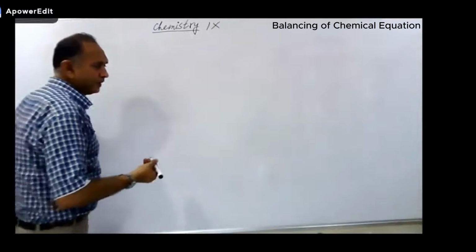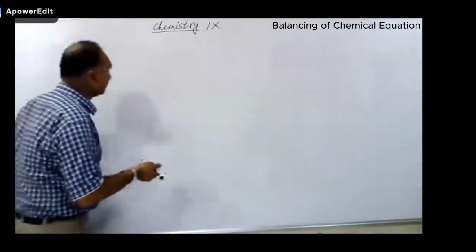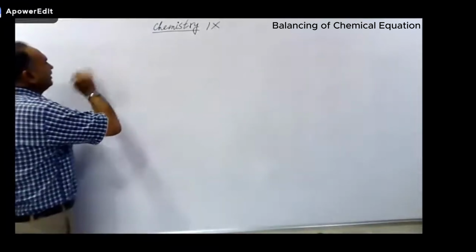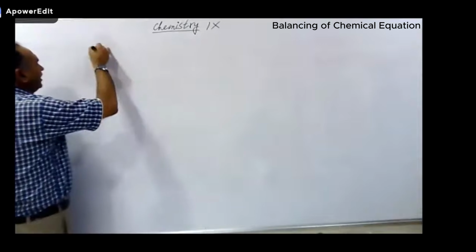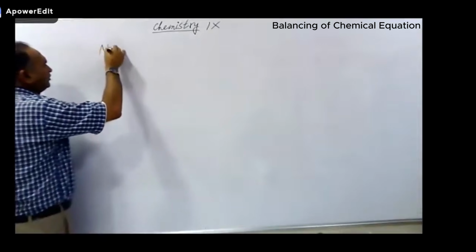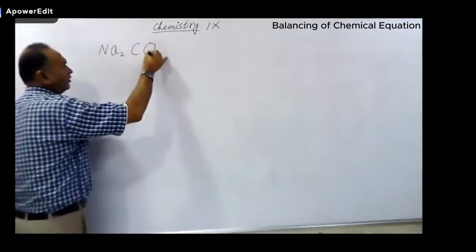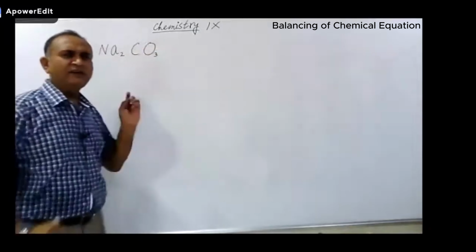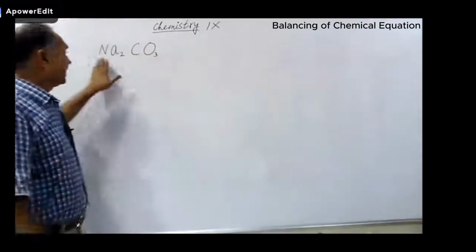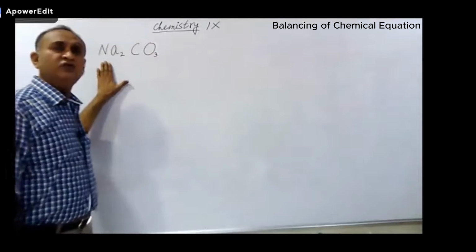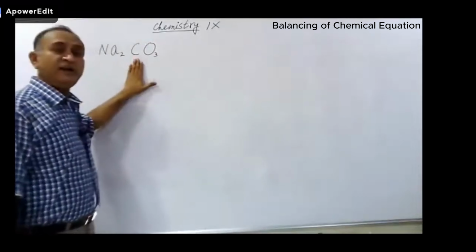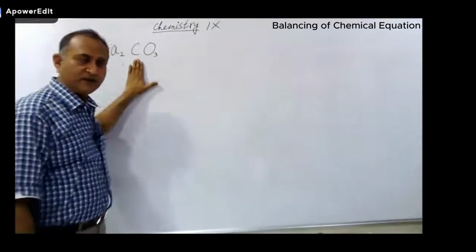So let's begin. If I write here Na2CO3, how many of you can recognize its name? Na is the symbol of sodium. CO3 is carbonate.